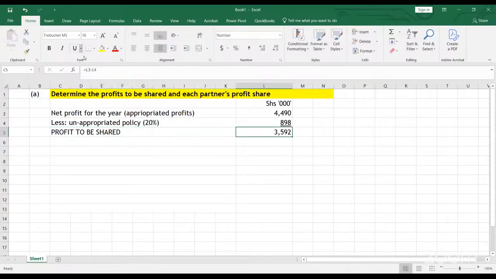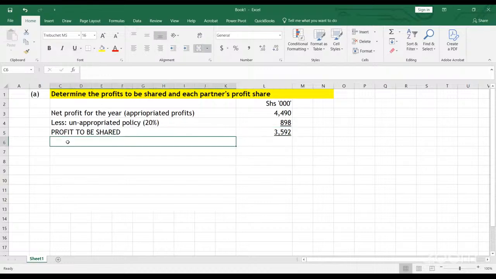But we have been told that we should also show the profit shares. So let's see each partner's profit share. Who are the partners?